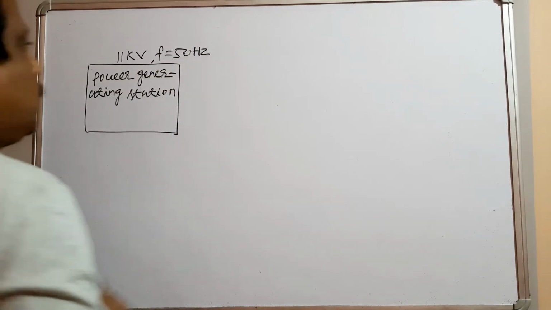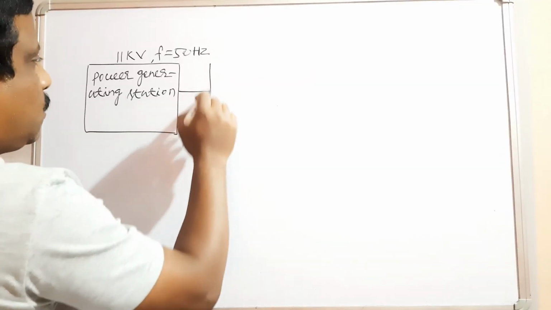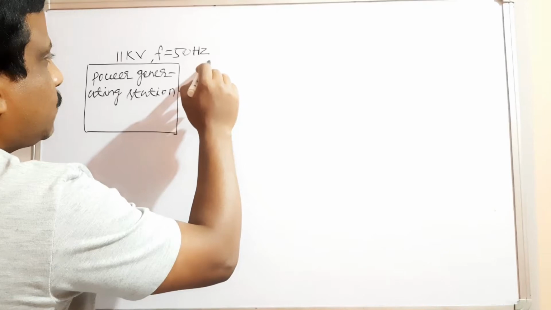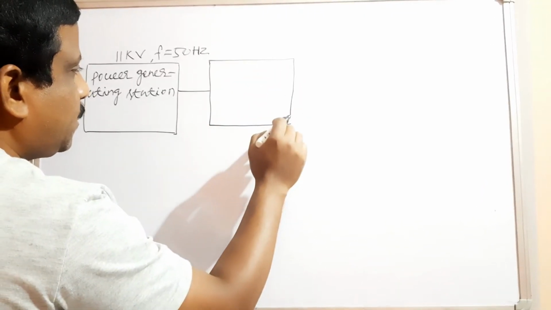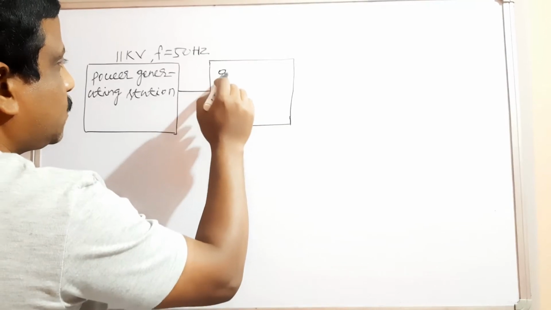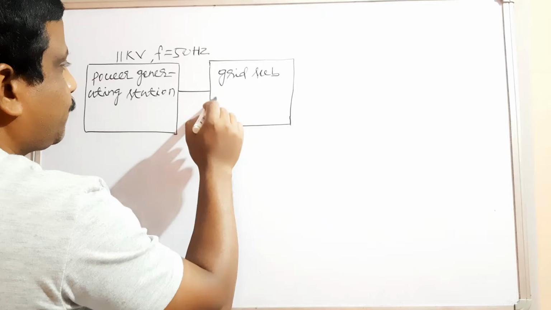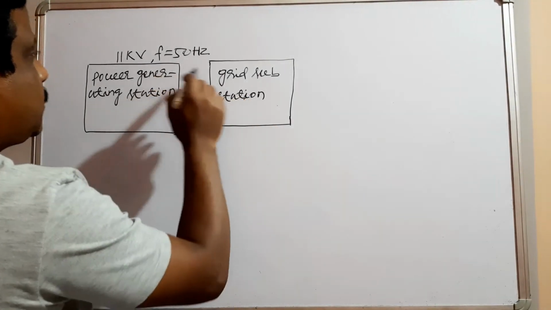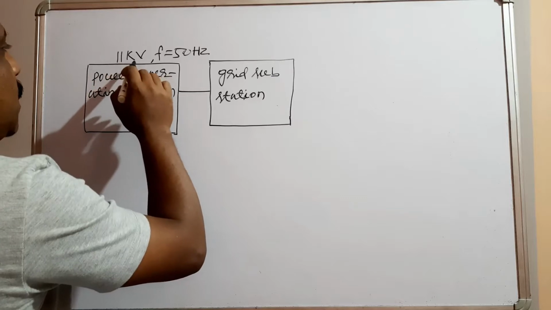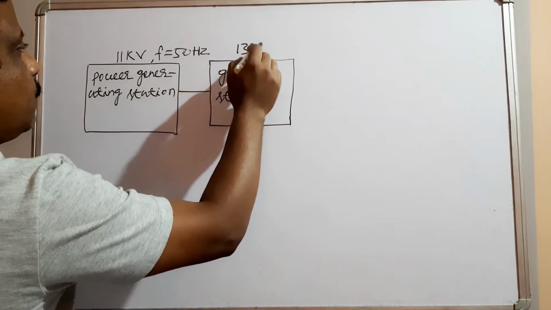Clear? After production in the power generating station, it is transmitted to the grid substation. At the grid substation, the voltage is raised to 132 kV.